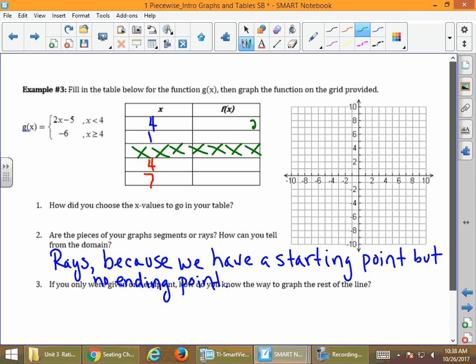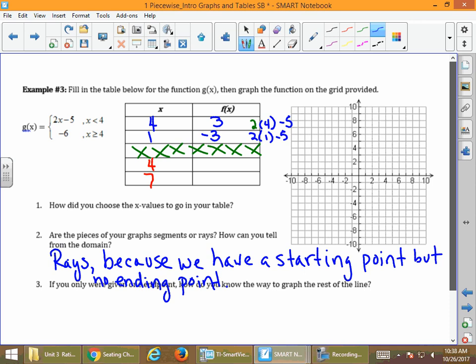It's going to be 2 times 4 minus 5. 2 times 4 is 8, minus 5 is 3. And 2 times 1 minus 5. 2 times 1 is 2, minus 5 is negative 3.